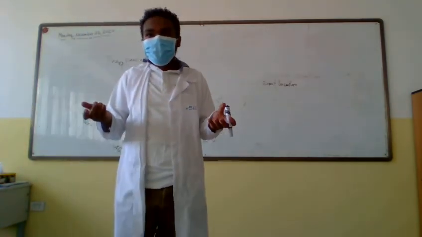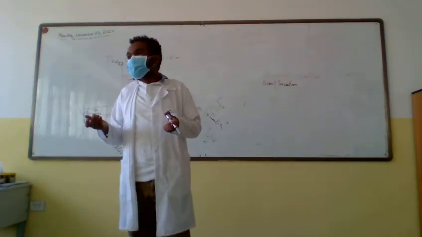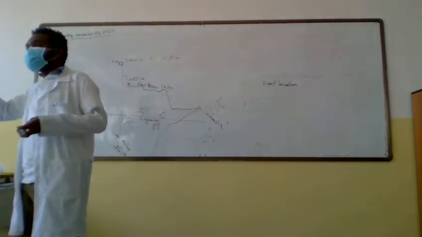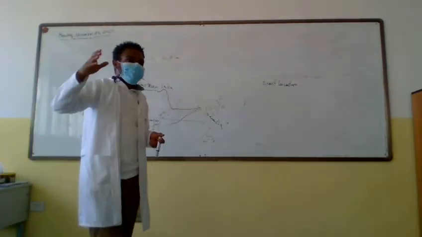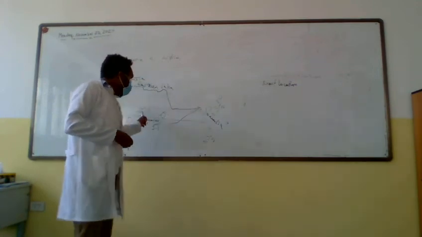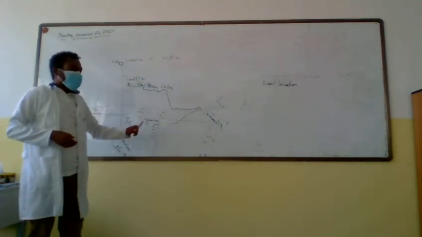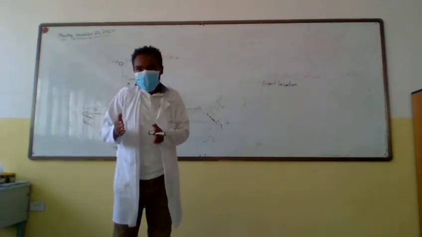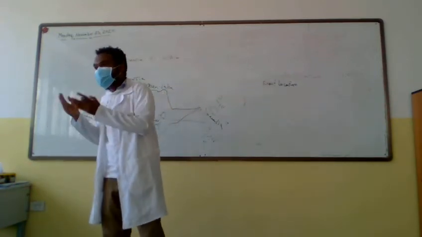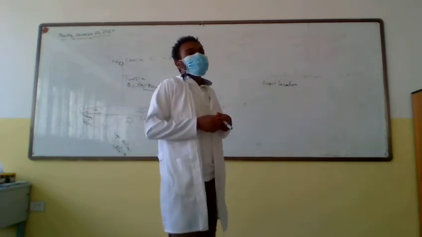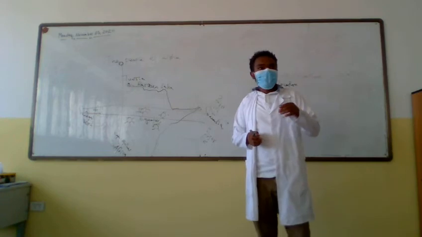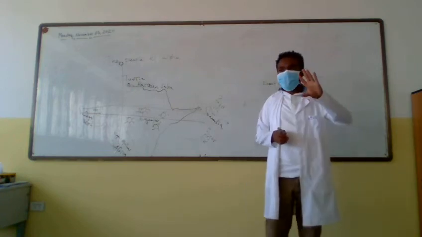There are times the daytime is longer and the night time is shorter. But in Africa, especially at the equator, it's almost similar: 12-hour night, 12-hour daytime. So this makes us peculiar. Is it clear, students?